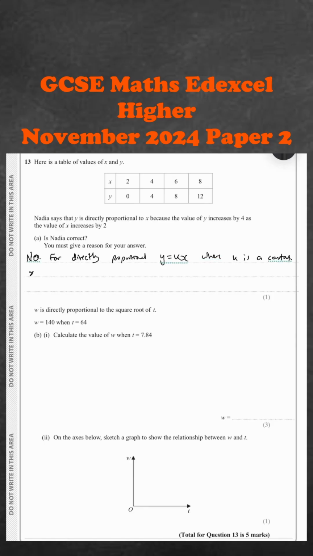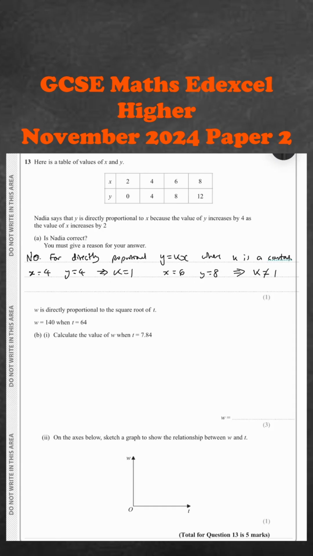So when x equals 4, for example, y equals 4, therefore k would be 1. But when x equals 6, y equals 8, therefore k would not equal 1. So it isn't a constant, so not directly proportional.